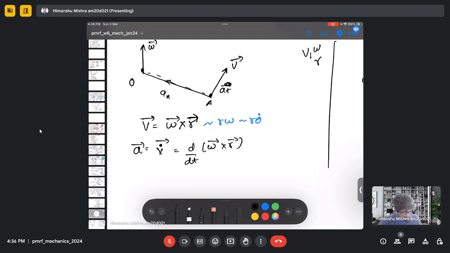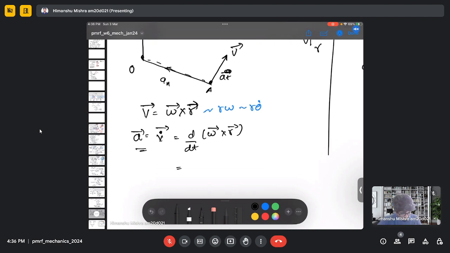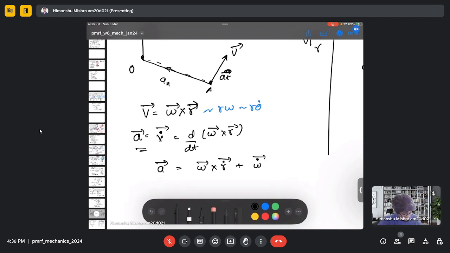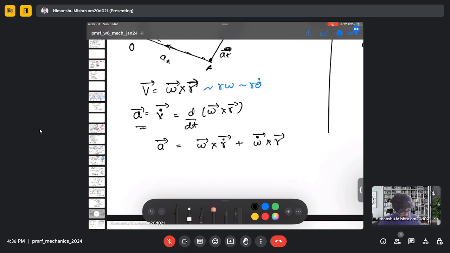Here if I take the derivative to find the acceleration, I can use the product rule. So it will be omega cross r dot plus omega dot cross r. So my r dot is just the velocity, right? r dot represents the velocity.